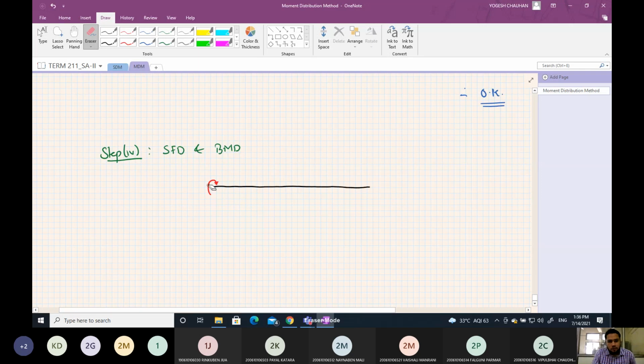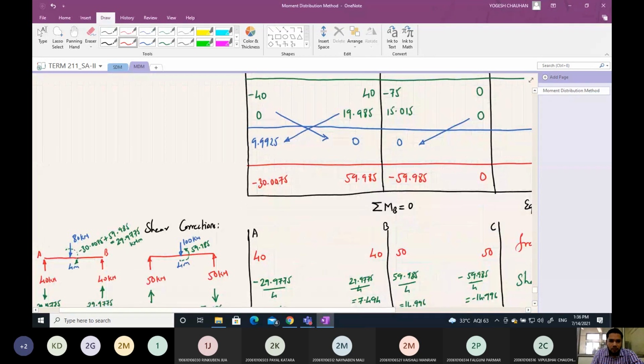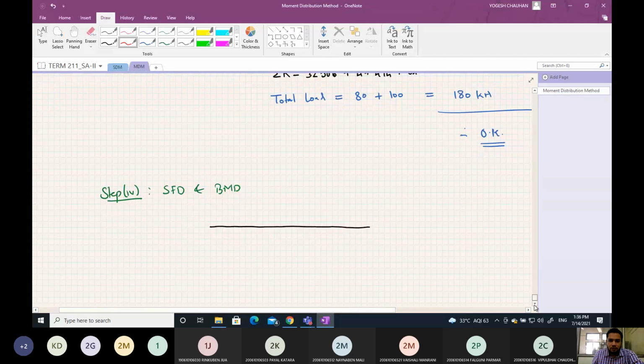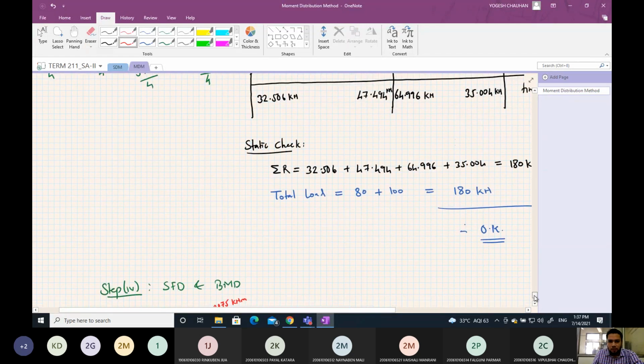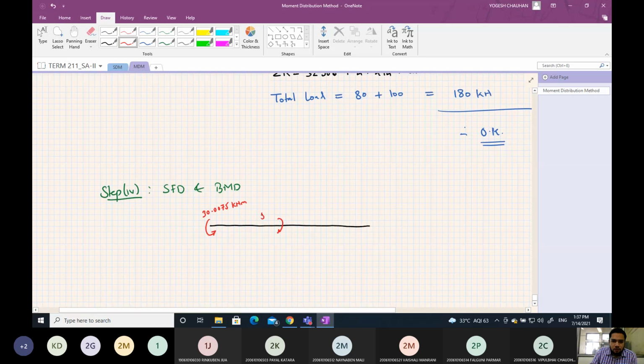The value of moment at A will be minus 30.0075. Minus means it is anti-clockwise, 30.0075 kilonewton meter. Then at joint B on the left side, the moment is 59.985 kilonewton meter.